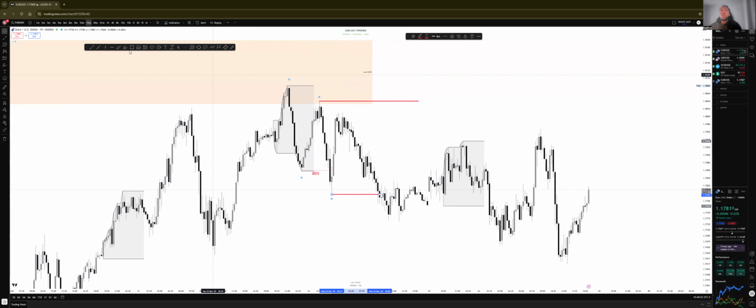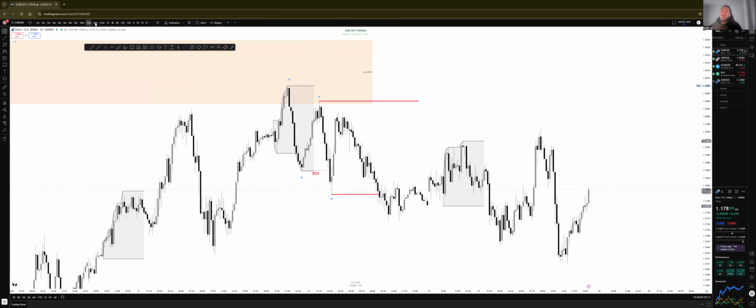So now, what can we see? We can see a bullish candle that got engulfed by these bearish candles. Now, because we're on the 15 minutes, it looks like it took two candles to engulf it.